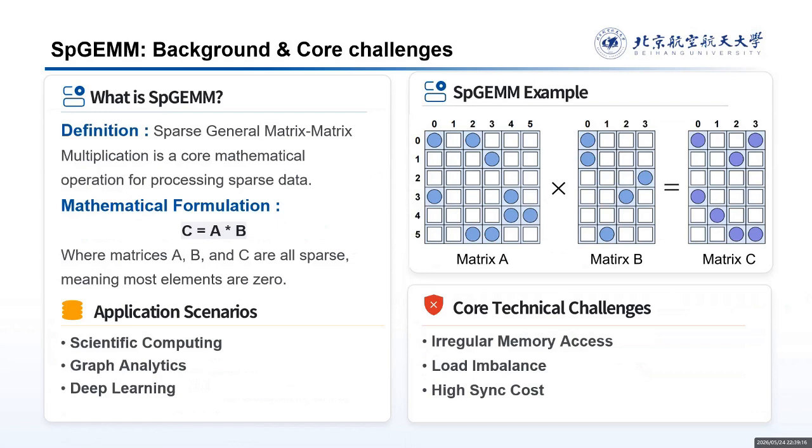That makes it hard to give the same amount of work to each GPU thread or warp. The third one is high synchronization cost. In SpGEMM, several partial results may write to the same output position on GPUs. This usually needs synchronization or atomic operations. So the parallel efficiency becomes lower.